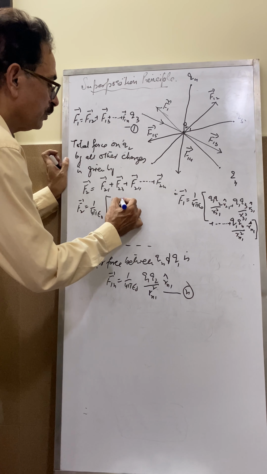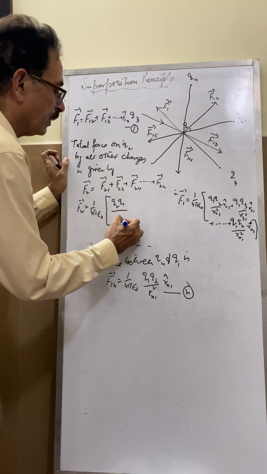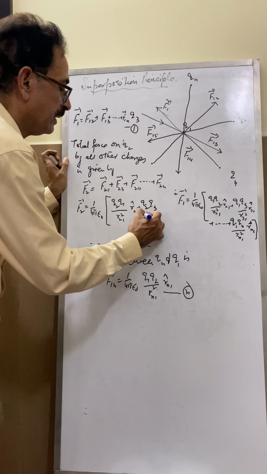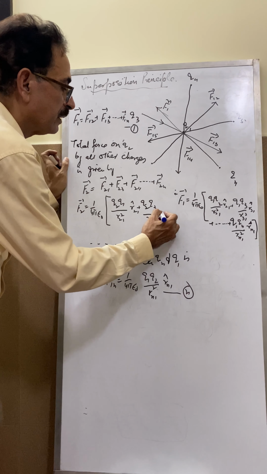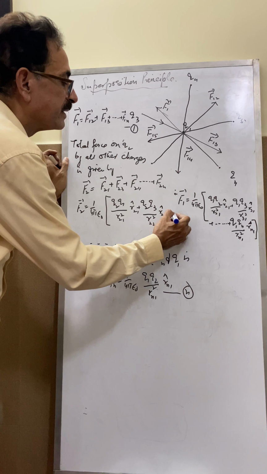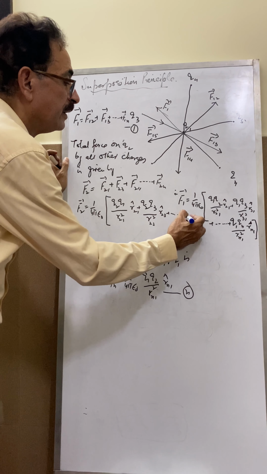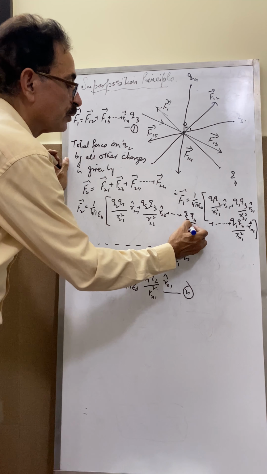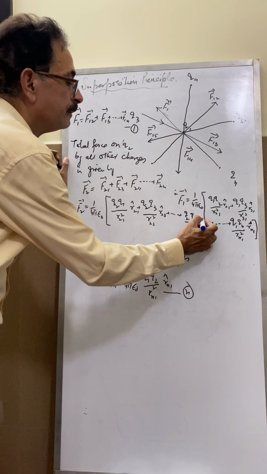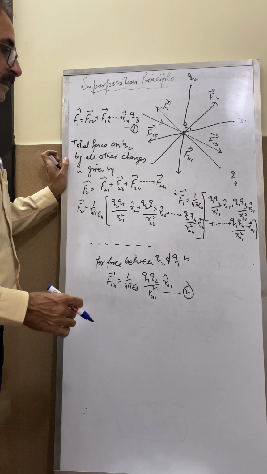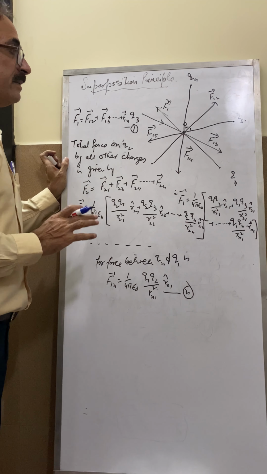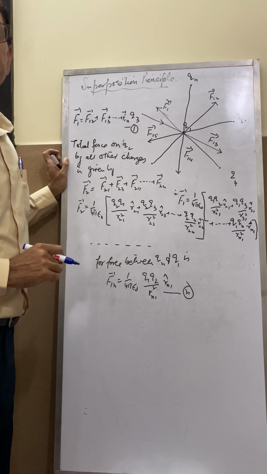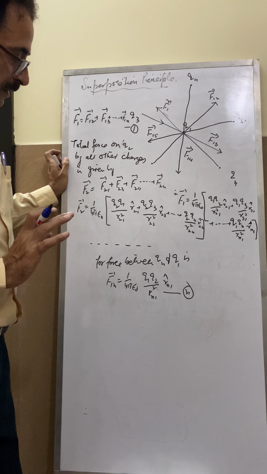It is Q2 Q1 upon R21 square R21 cap plus Q2 Q3 upon R23 square R23 cap plus dash dash dash plus the last term, Q2 Qn divided by R2n square R2n cap. This is the force F2, and these are all the statements confirming the superposition principle. Okay, this is all for today.